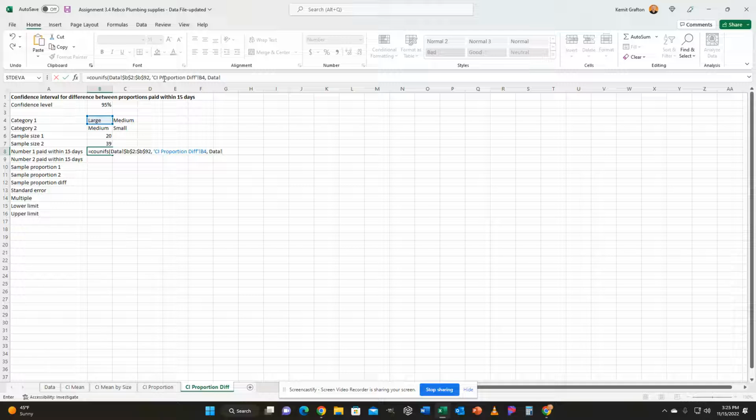This time we're going to be looking at a different column. It'll be the days. And it's the same range, it's just a different column that we're looking at. Then we're looking for less than or equal to 15, end quote, close parentheses.